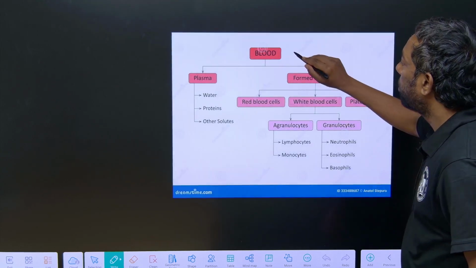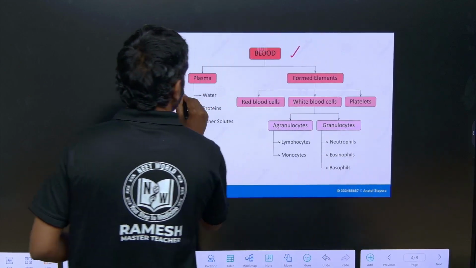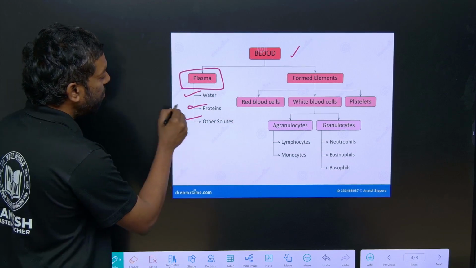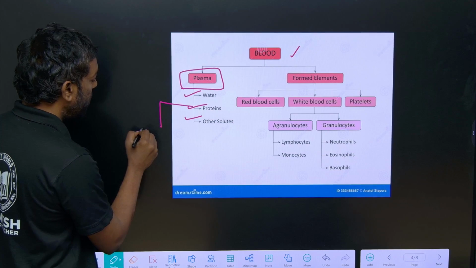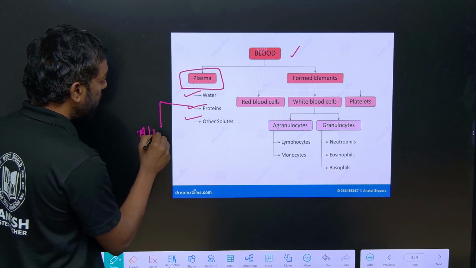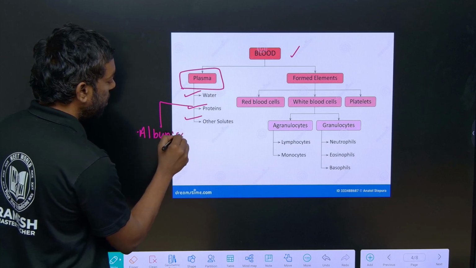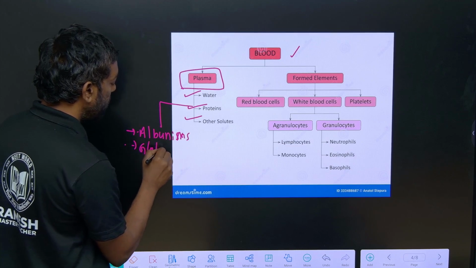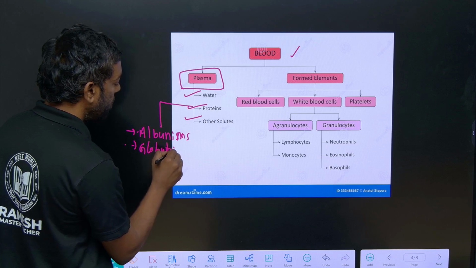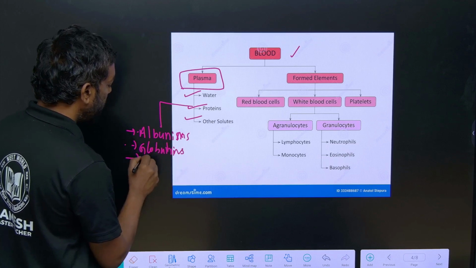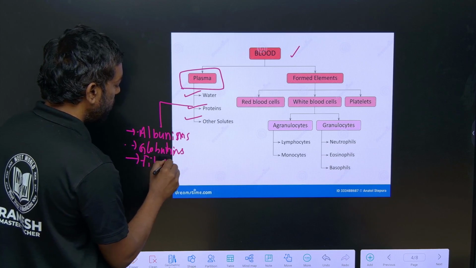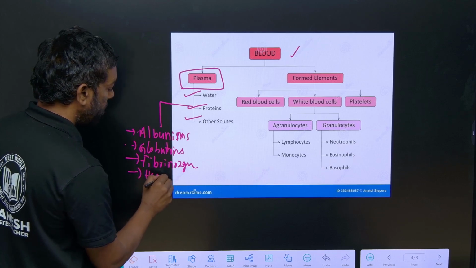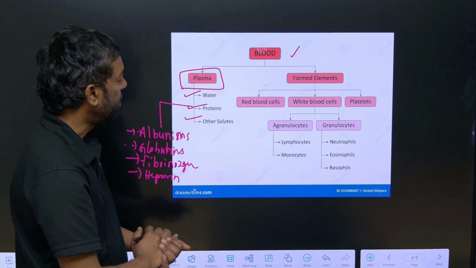Composition of the blood. Plasma contains water, proteins and other solutes. Proteins are, as we know, albumins, globulins, fibrinogen and heparin.